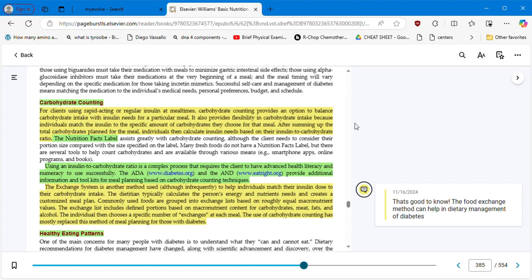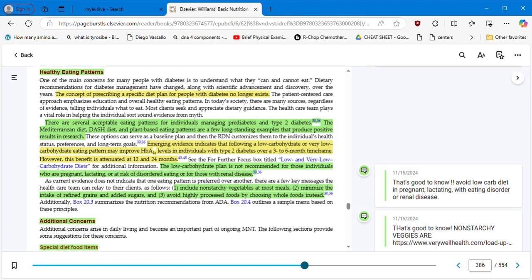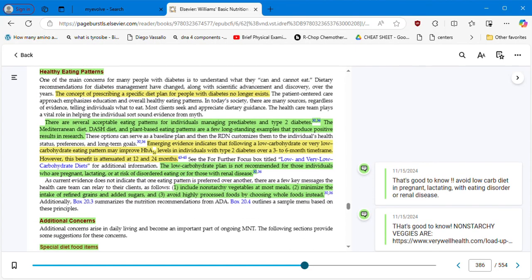So the individual then chooses a specific number of exchanges at each meal, and the use of carb counting has mostly replaced this method of meal planning for those with diabetes.